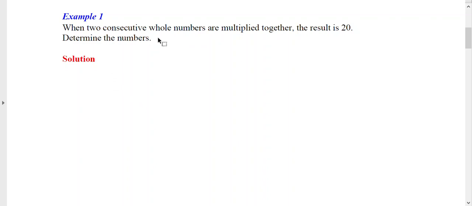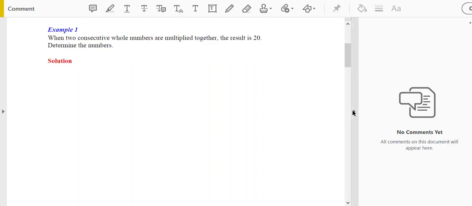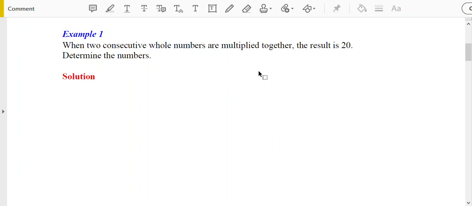When two consecutive whole numbers are multiplied together, the result is 20. Determine the numbers. You might think, oh great, I can answer this problem straight away without even going through the 5-step process, and you're probably right in this case.